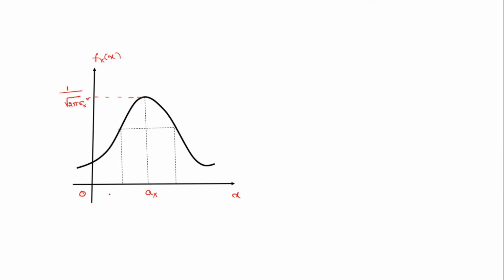And with respect to the standard deviation, at a_x minus sigma_x and a_x plus sigma_x, the value of this function is 0.607 divided by root 2 pi sigma_x square. So this is the graphical representation of the Gaussian density function.